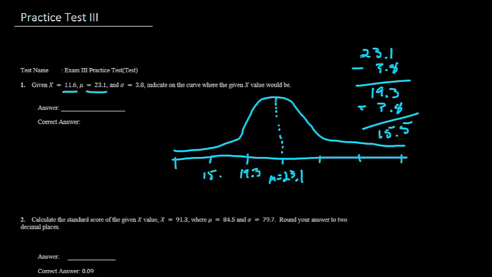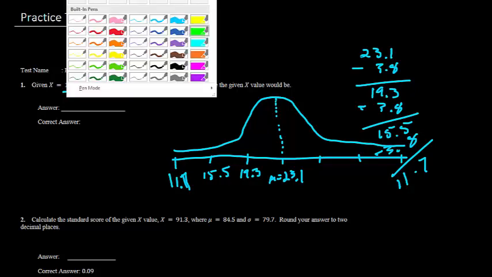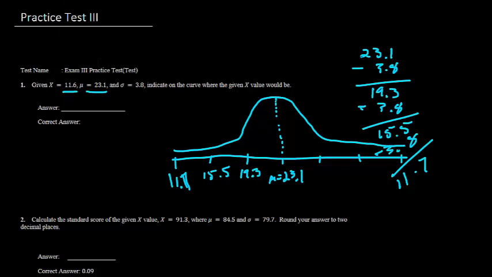This one is 15.5. Minus 3.8 again is going to give us 11.7. Given that x is 11.6, it's going to be just left of that 11.7. So this guy right here is going to be 11.6, way off on the left.